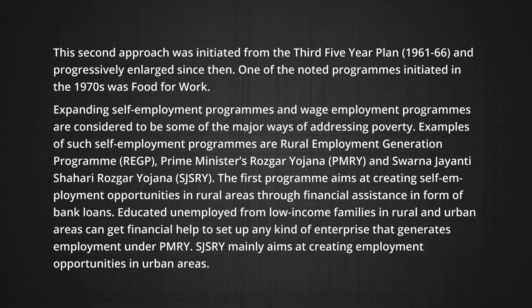Educated unemployed from lower income families in rural and urban areas can get financial help to set up any kind of enterprise that generates employment. Under PMRY, SJSRY mainly aims at creating employment opportunities in urban areas.